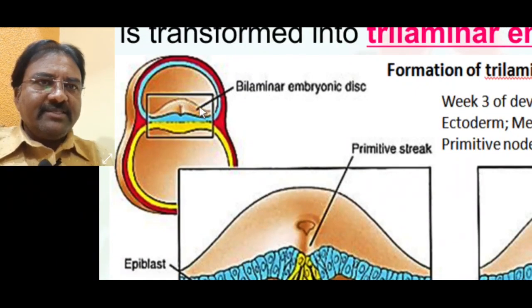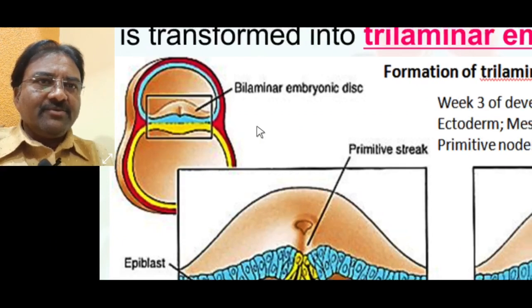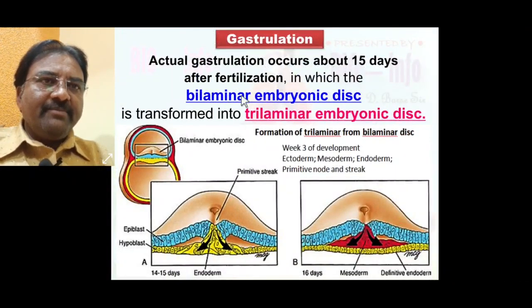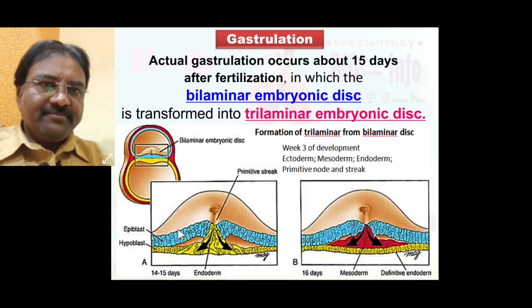This disc is present in between the amniotic cavity and yolk sac cavity. So the bilaminar embryonic disc is transformed into a trilaminar embryonic disc. Here we see the epiblast cells, the blue colored layer. You know this layer is ectoderm, and the hypoblast cells are present, so this layer is called the endodermal cell layer.